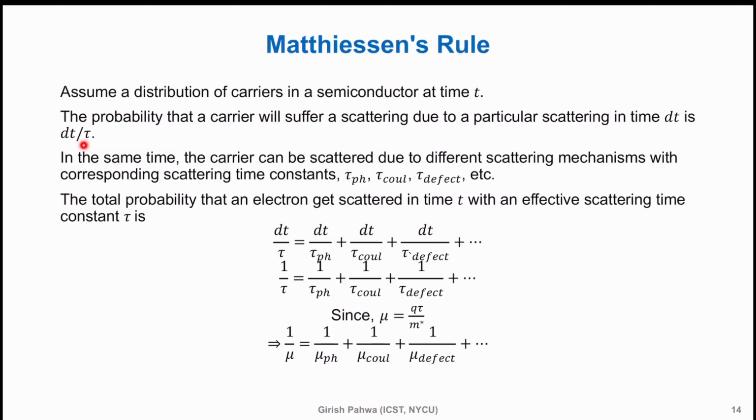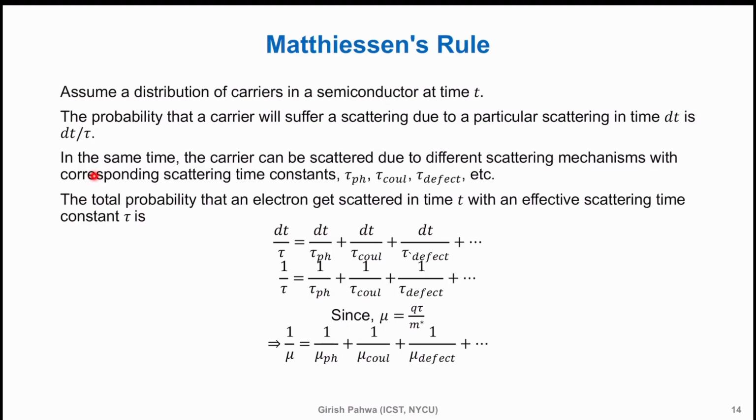Tau is the average time between two successive collisions because of a particular type of scattering, and dt is the time. In time dt, the probability that a given electron will get scattered is dt by tau. True? If I give this electron more time, the chances are more that it will get scattered. So dt by tau is roughly a good estimation of the probability.